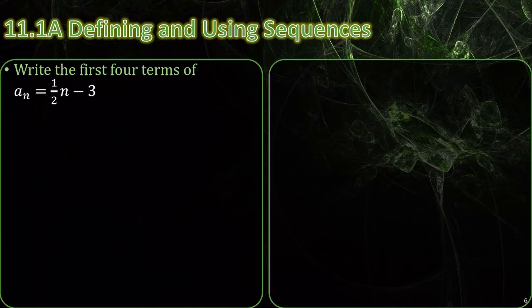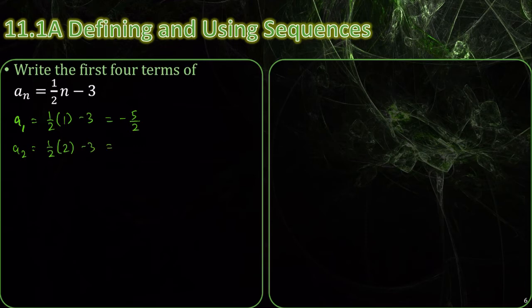So let's try this example. Write the first 4 terms of this sequence. All right, well, the first one, we're just going to plug in a 1. Which gets me 1/2 minus 3. That's negative 5 halves. a_2, plug in a 2.